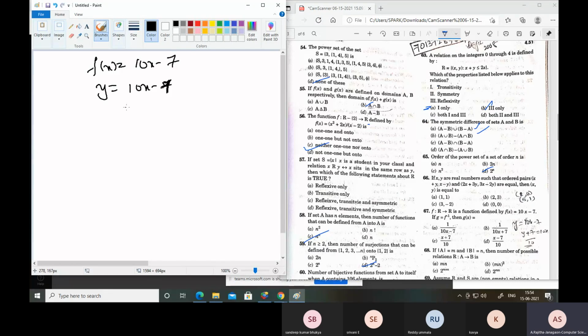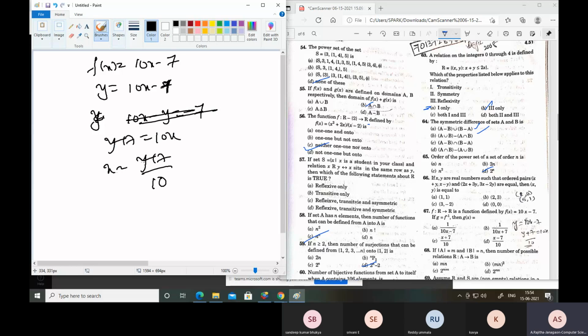Now you can write 10x minus y equal to 7, so y plus 7 equal to 10x. Now x equal to y plus 7 by 10.